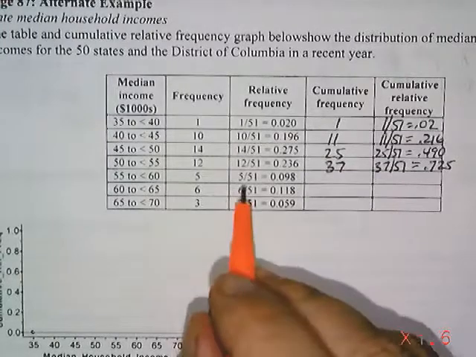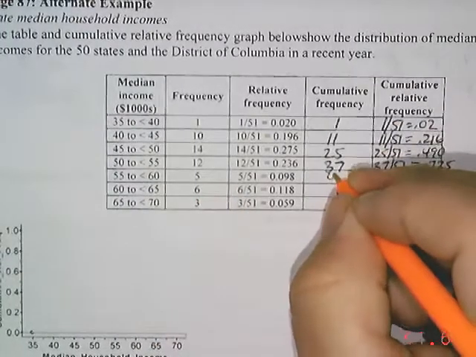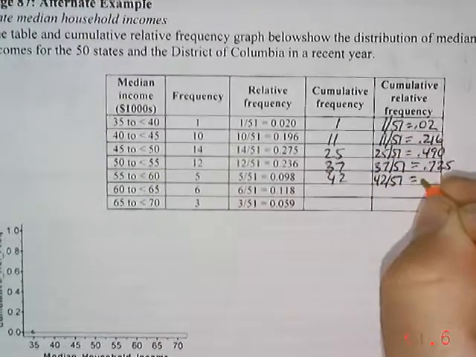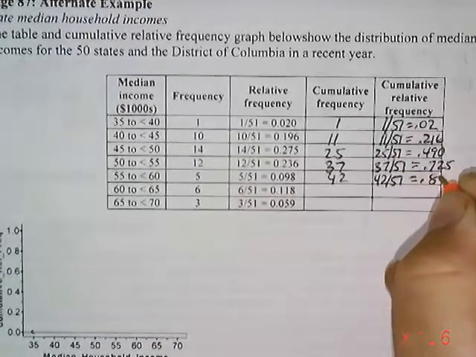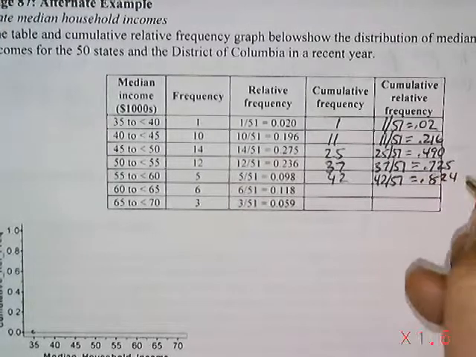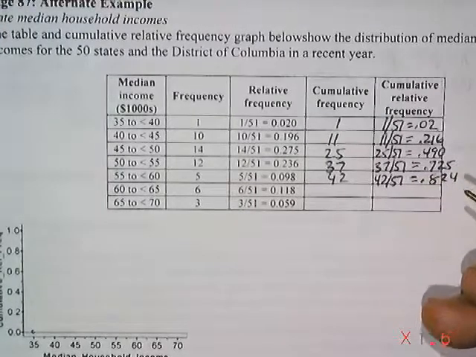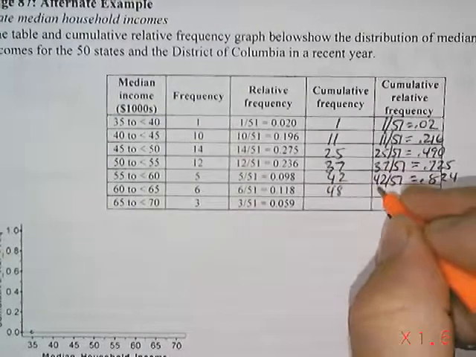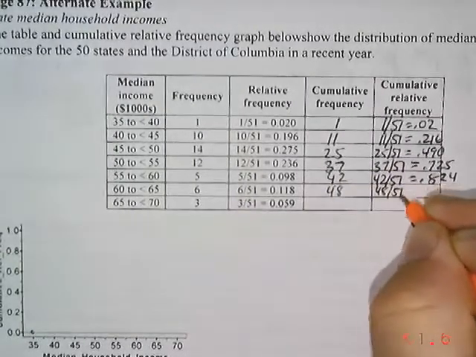And 0.941 for 65. 94%, 0.94, well this is 0.9, we want to be above that, so about halfway, about there. And finally at the top here, leveled off a little bit, and there is our cumulative relative frequency graph.